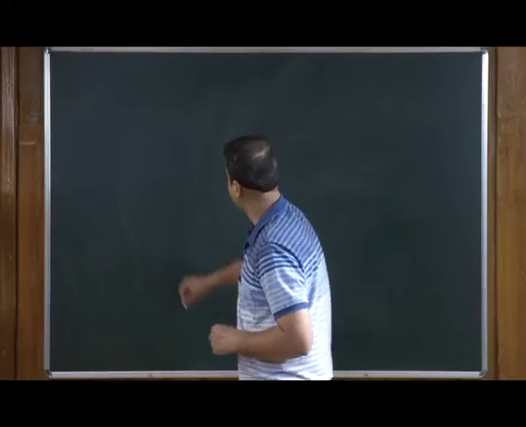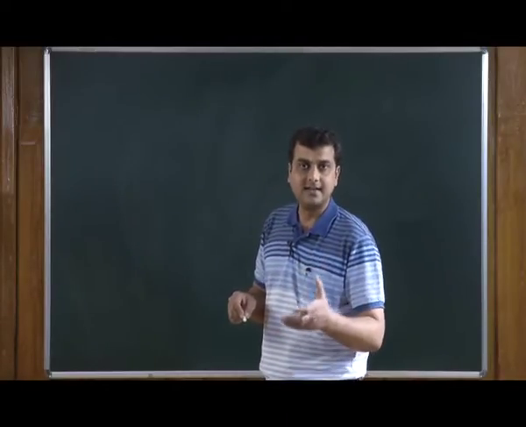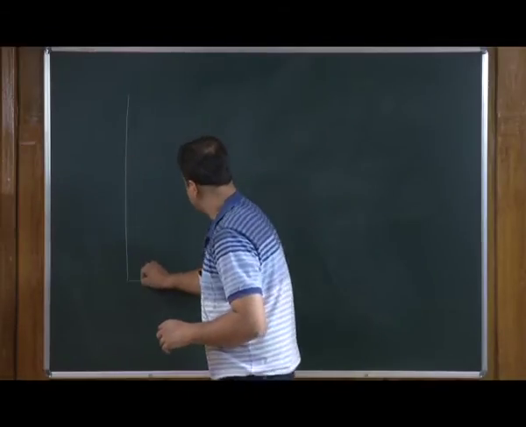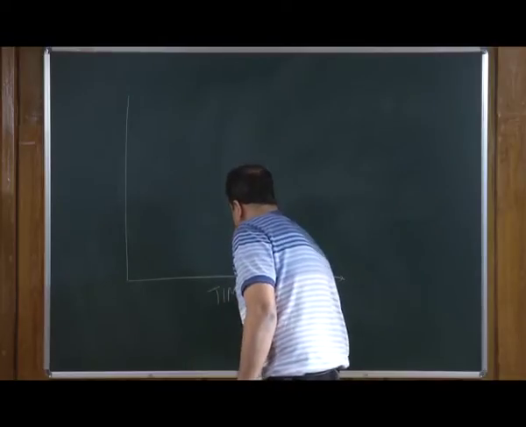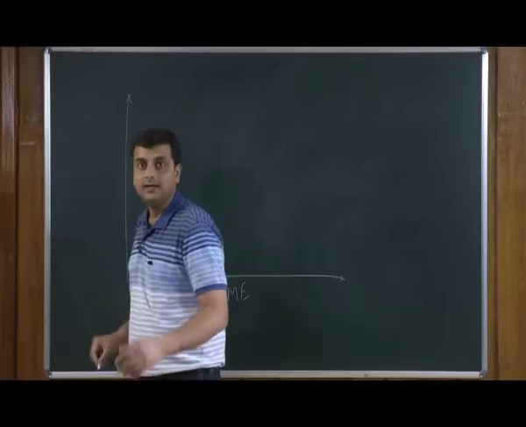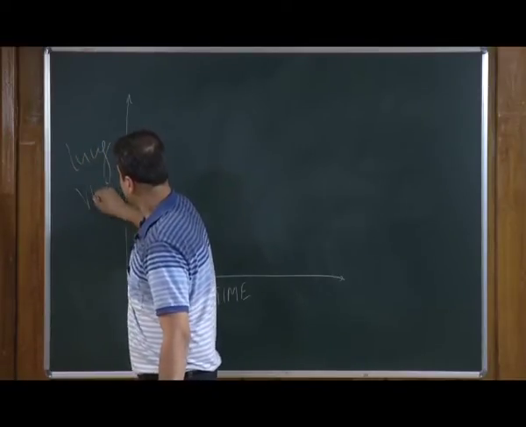I am just trying to recollect the whole thing so that you can understand what vital capacity is. If we draw the same kind of graph here, this will be time on the horizontal axis, and on the vertical axis we will see the volume. So, we can simply say lung volumes.